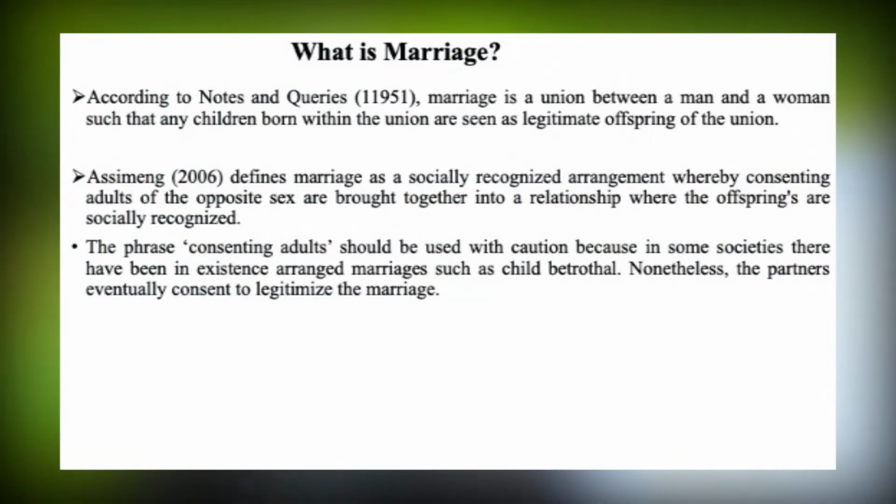This implies that in traditional African societies, any union besides the union of a man and a woman does not constitute what is referred to as marriage per the traditional standards, although in recent years, people have been advocating for different forms of union, including between people of the same sex.